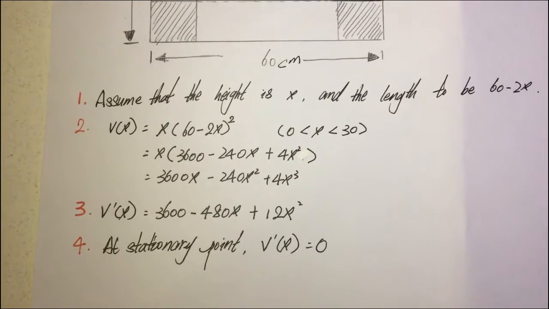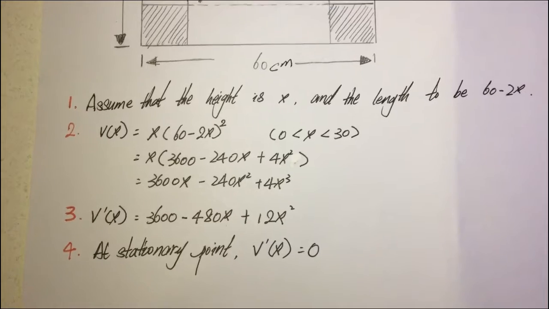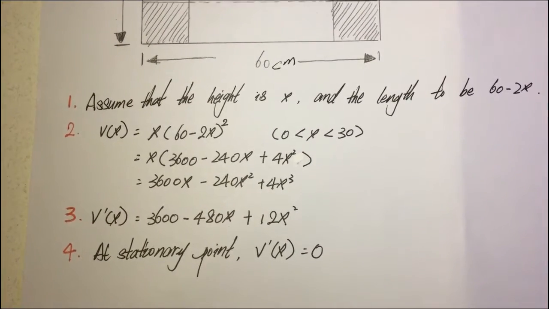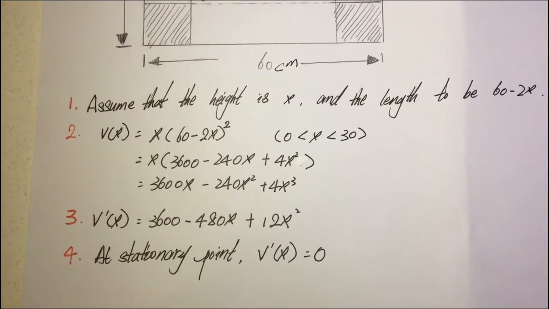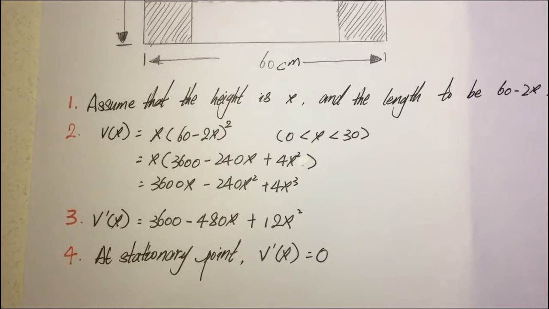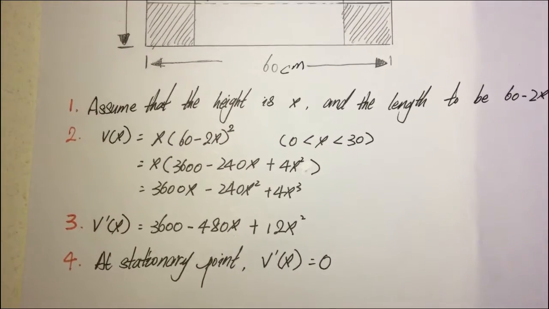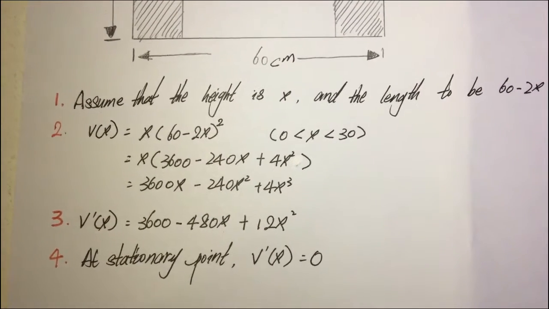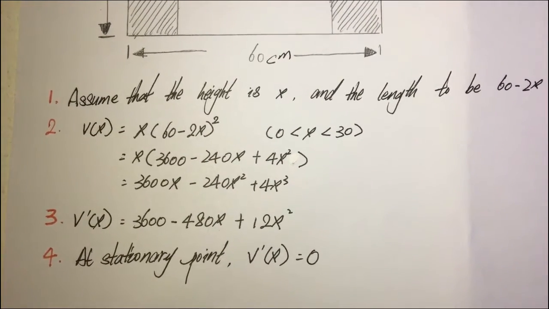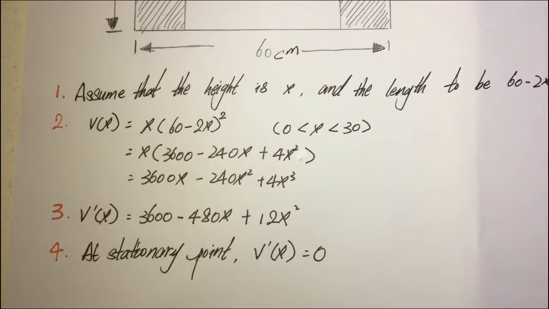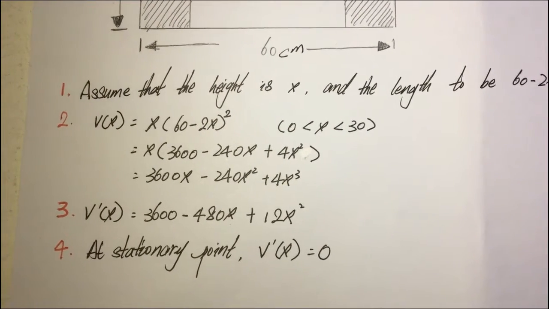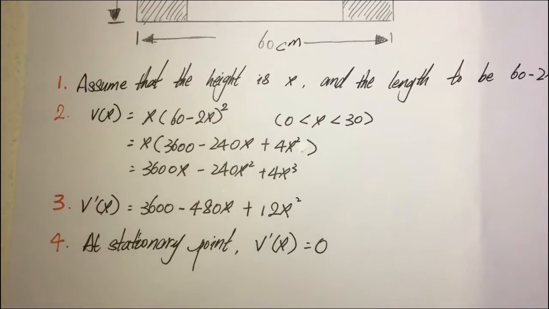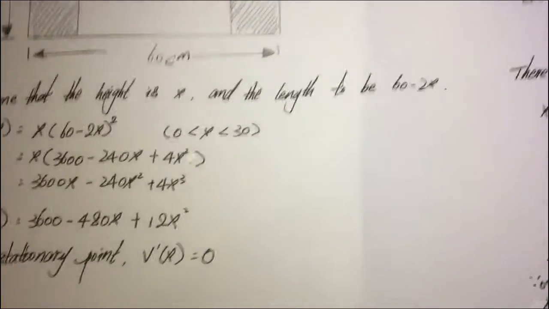Then we expand the equation, and the next step is to find the derivative of V(x), and then find the stationary point, where the derivative of V(x) is equal to 0.